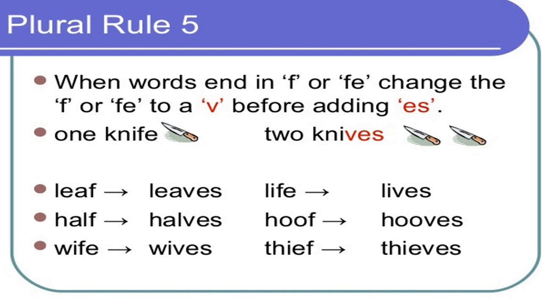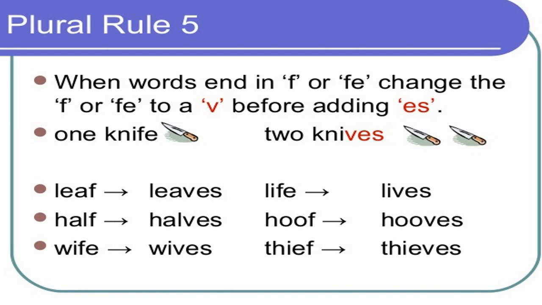If there is a singular countable noun that ends with f, fe, or o, we have to pluralize it by adding only ves. And you have to remove the f, fe, or o letters.